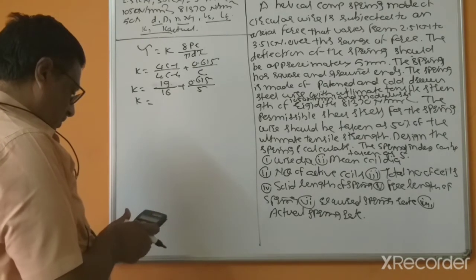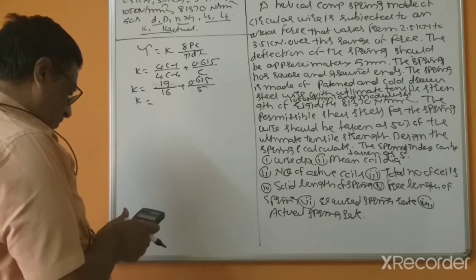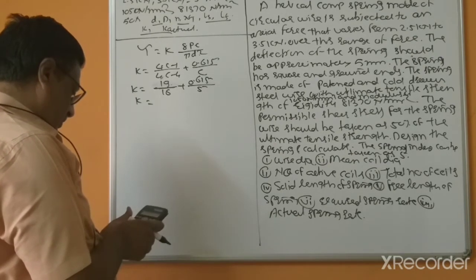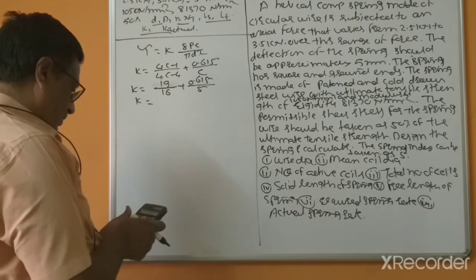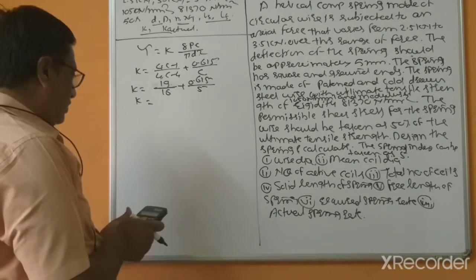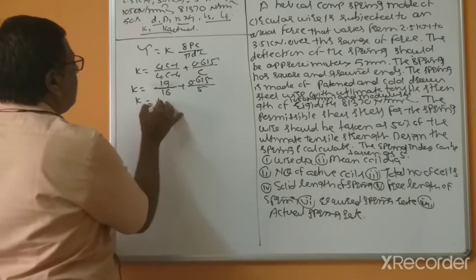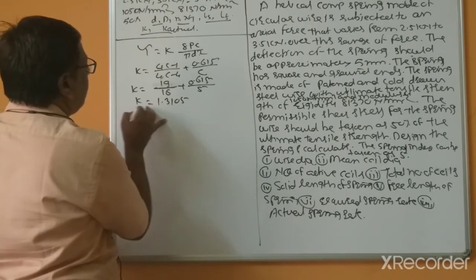So 19 divided by 16 plus 0.615 divided by 5, K equal to 1.3105.